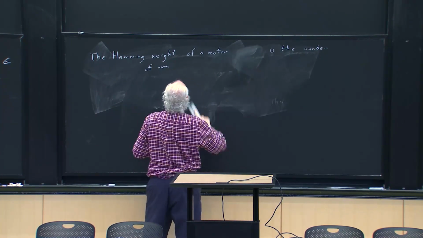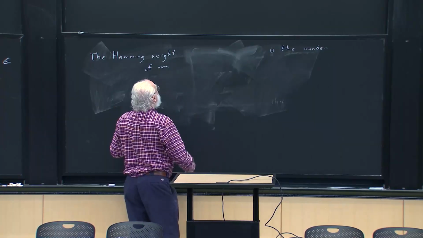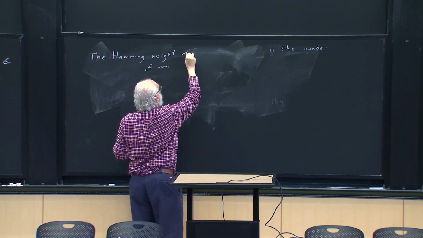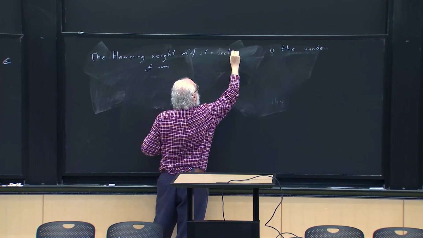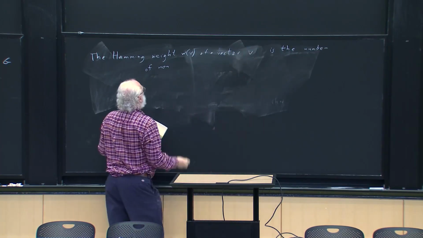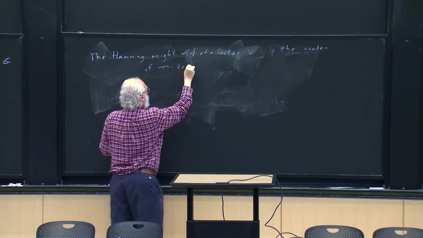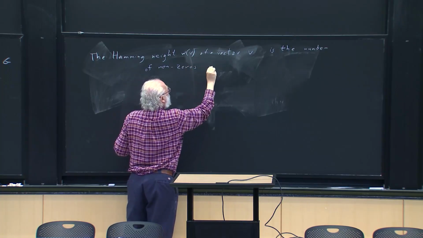The Hamming weight, W of V, of a vector V, is the number of non-zeros V contains.